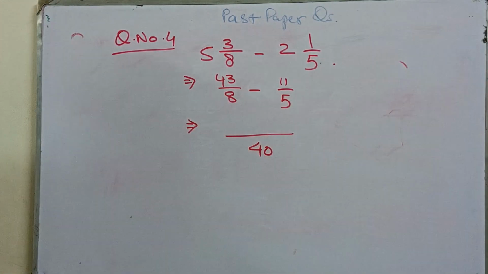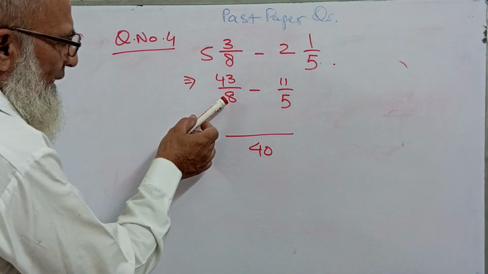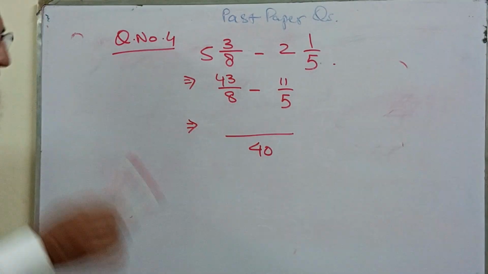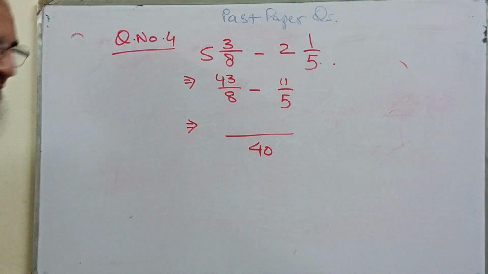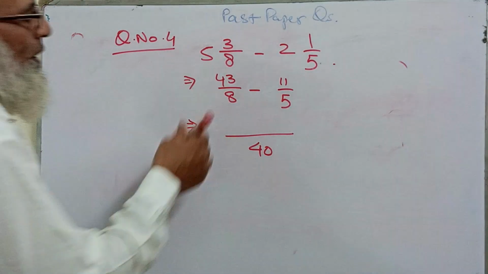Now the idea behind this is that 40 will be divisible by 8 as well as by 5.